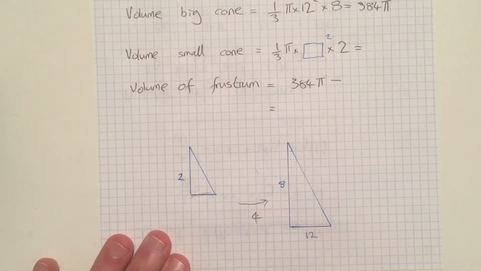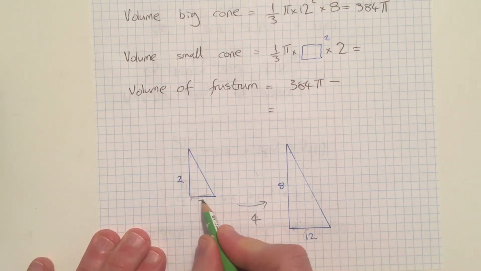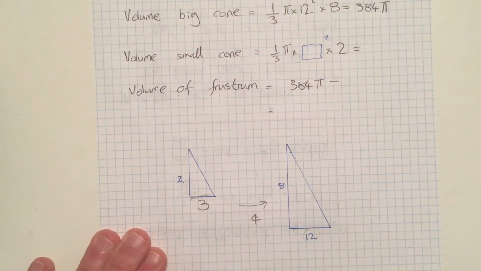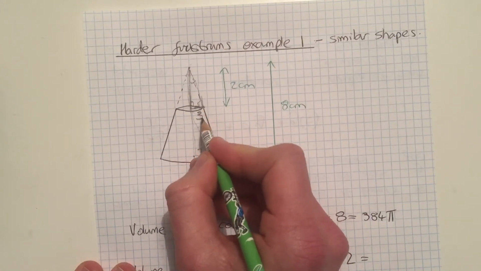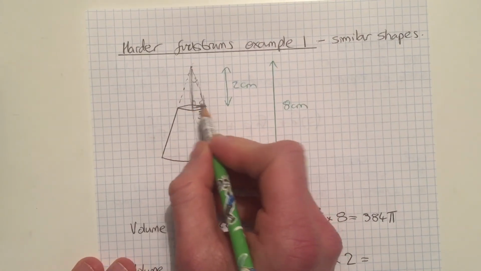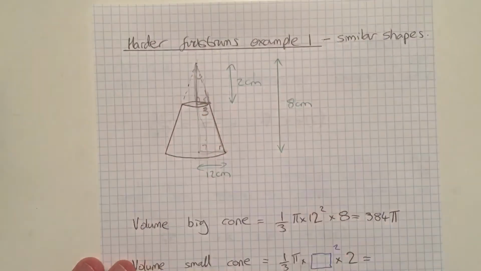The big triangle is 4 times bigger than the small triangle. Therefore, if this is 12, this must be 3. So I've managed to work out the radius of the base of the small cone is 3.